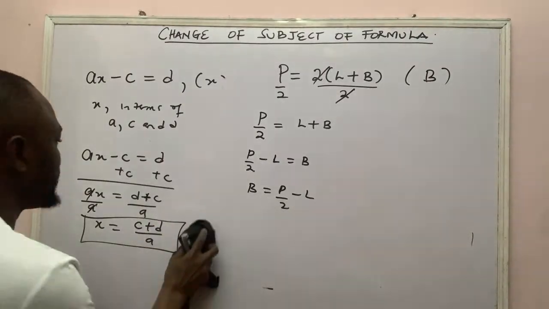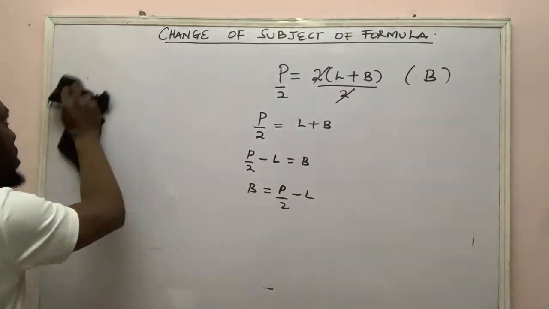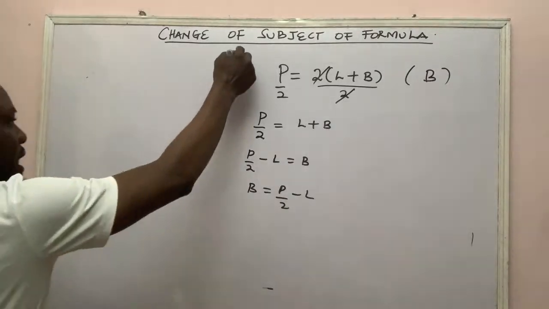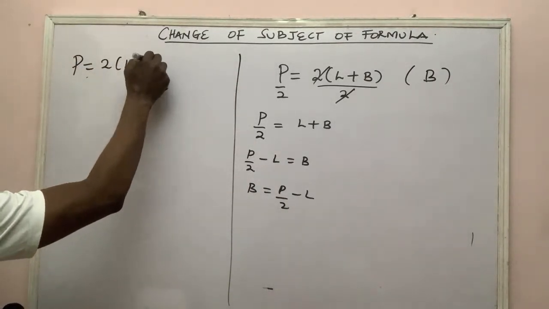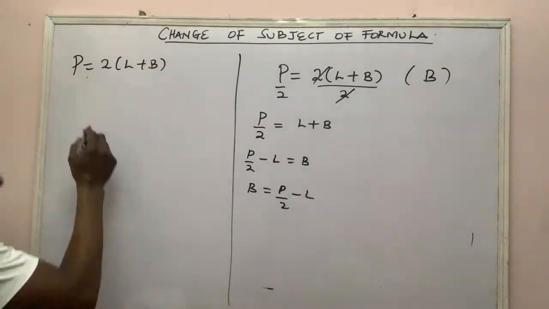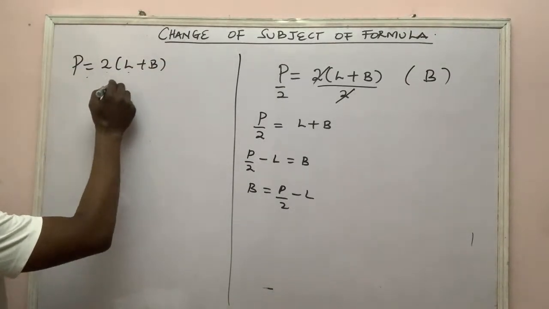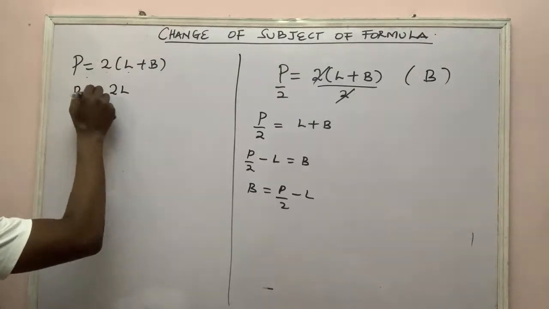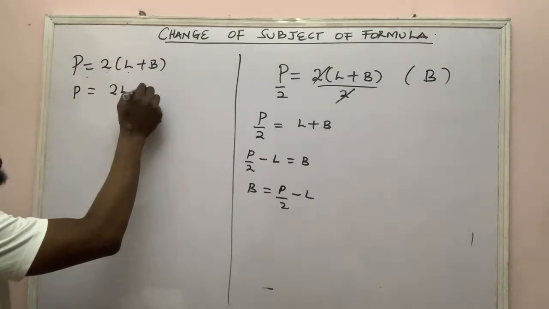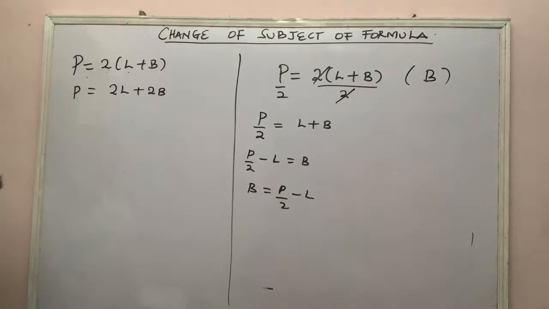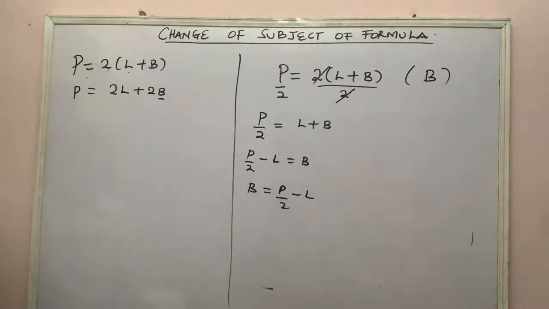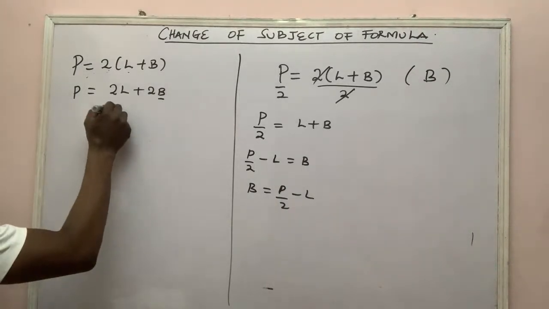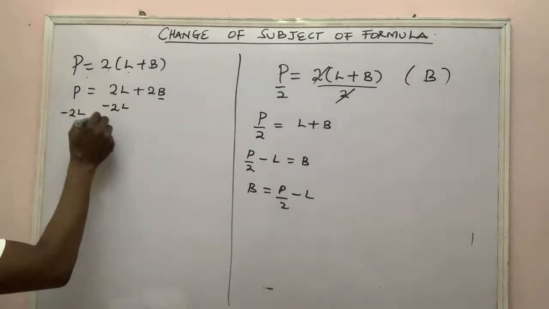If you don't want to solve it this way, you can open up the bracket where you have P equals 2 bracket L plus B. Opening up the bracket, 2 times L will be 2L, 2 times B will be plus 2B. We want to make B the subject, so we subtract 2L from both sides of the equation.